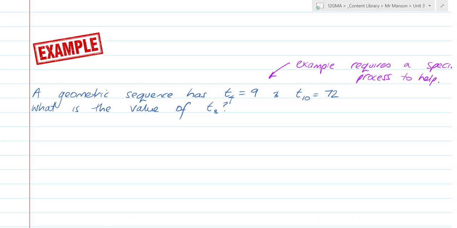When I'm setting out these questions, particularly early on, when I haven't done many of them and I'm getting used to the topic, I might think about looking at this visually, and I'm going to do this visually now. I know the fourth term and I know the 10th term. So I'm going to put little blanks here for the terms I don't know. So it's 4, 5, 6, 7, 8, 9, 10 is 72. So they're the terms I know, and they're the terms that I want.